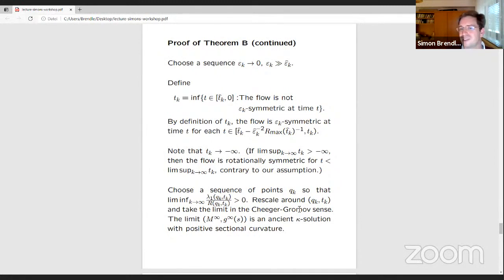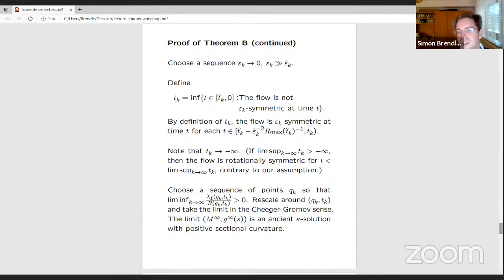Either you never lose the symmetry, and then you can send k to infinity and you get exact symmetry, or the other possibility is you lose this symmetry at some time t_k, and t_k goes to negative infinity. This is basically the only thing that can happen if you're not already on a rotationally symmetric solution.